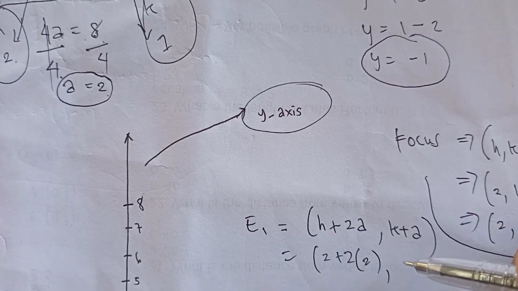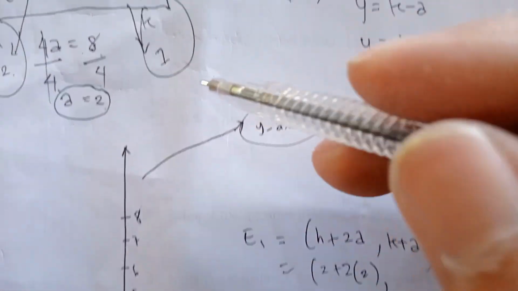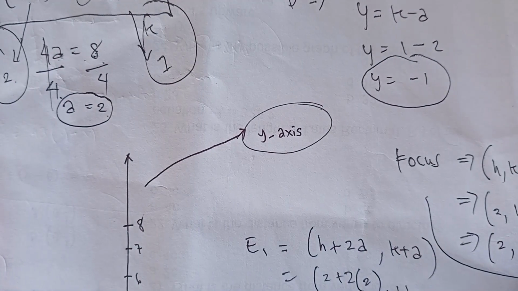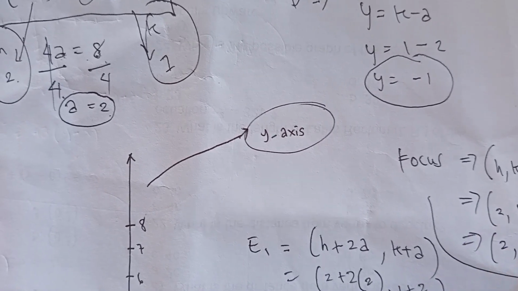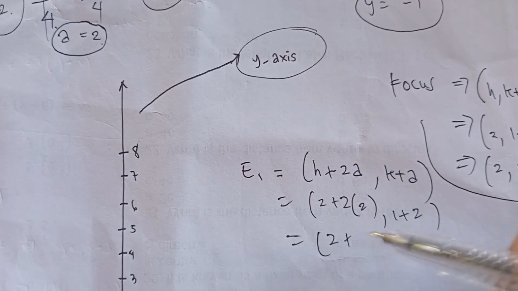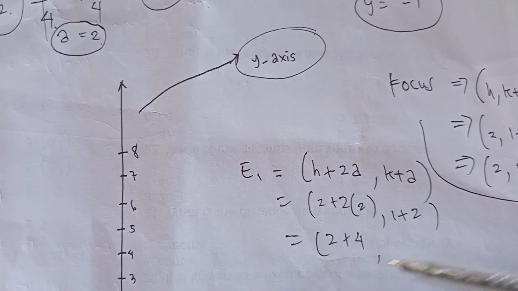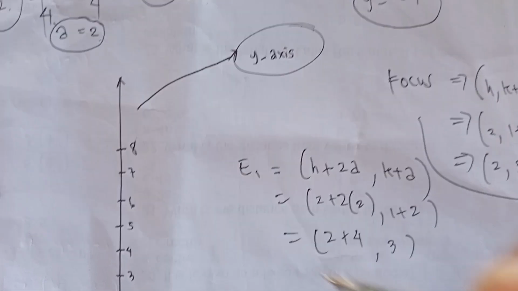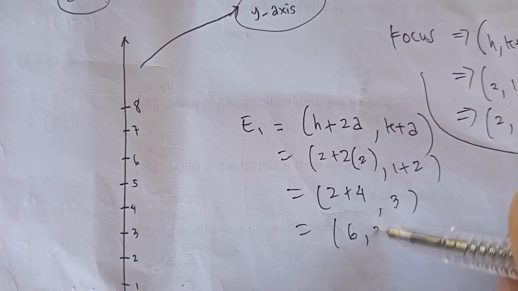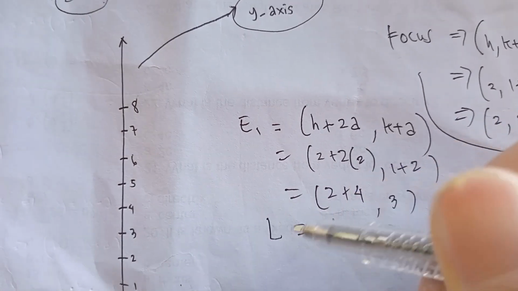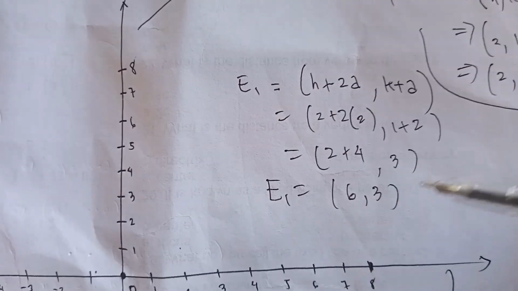Then, comma, what is the value of k? We have positive 1. What is the value of a? We have positive 2. 2 plus 2 times 2, we have 4. Comma, 1 plus 2, 3. 2 plus 4, 6, 3. That is our endpoints number 1.